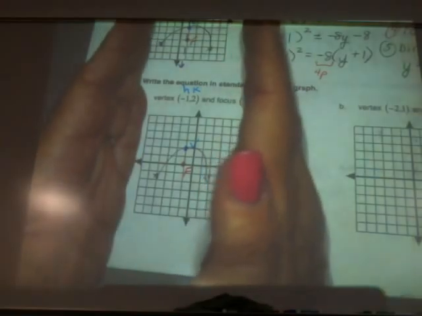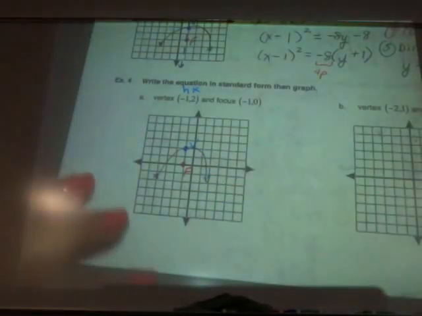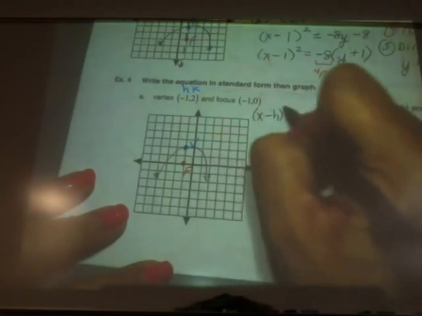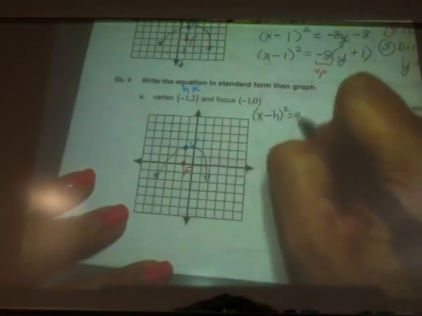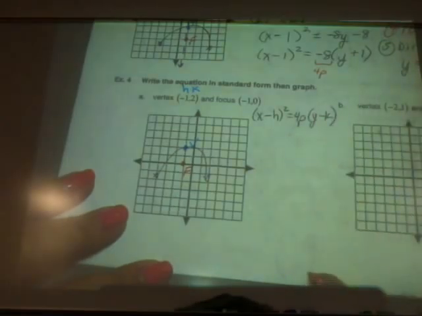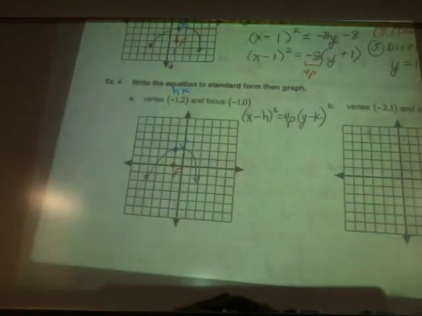I have my hands around the X. So I know that I'm going to have it in the form of X minus H squared equals 4P times Y minus K. Now that I do expect that you will have that memorized. That's not so hard to memorize, right? Now plug in the things that you know.